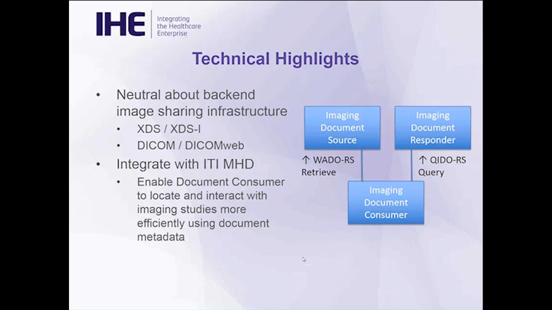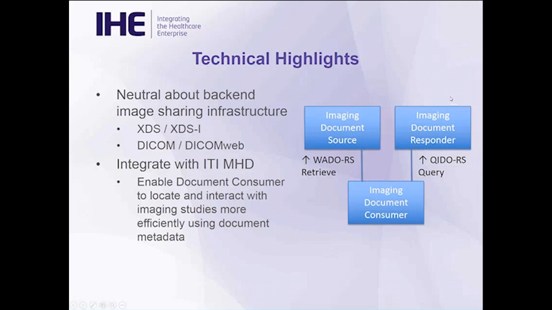The mechanisms defined in the profile are neutral about different backend image sharing infrastructure. So for example, we can work with XDS, XDS-I, or more traditional DICOM, or the new one with DICOMweb. And that backend support is hidden behind the imaging document responder.